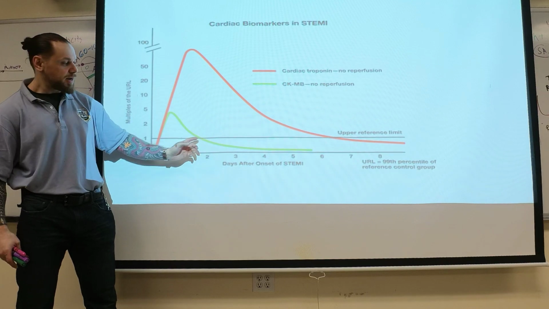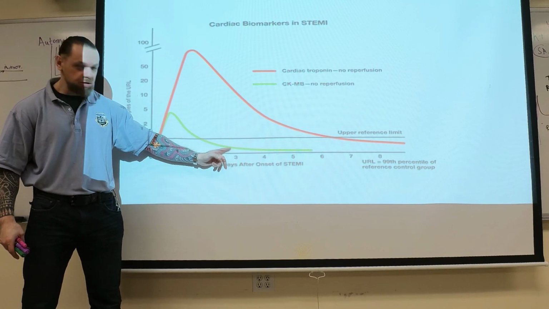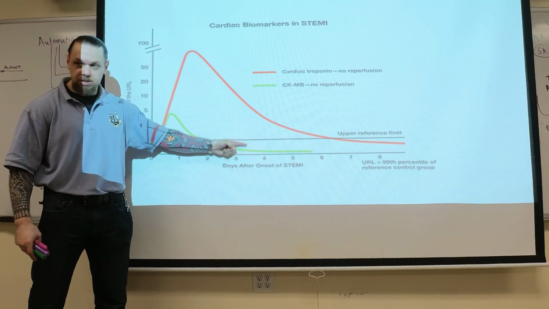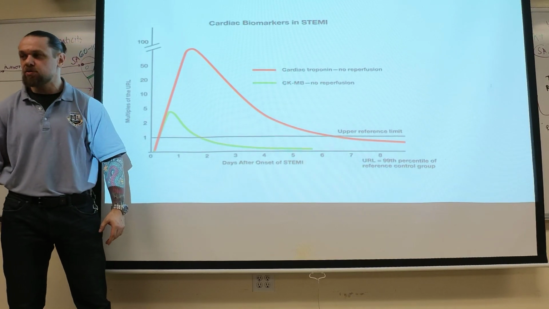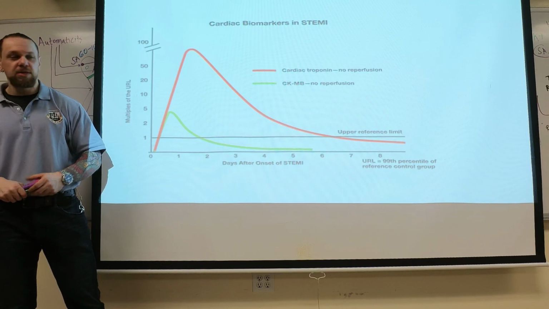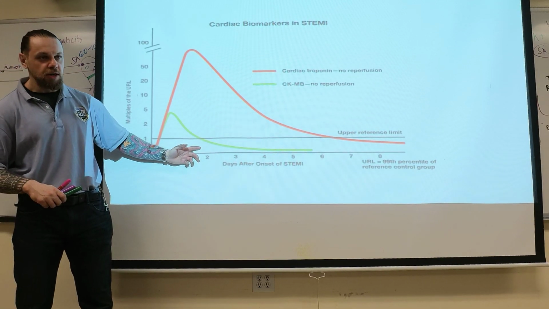This is the marker of reinfarction. On day 3, this should be very low or non-existent, but now it spikes. So now you know he's either having reinfarction or something is wrong with the stent. Any of you who do interfacility transfers may be involved in looking at that. So it's very good to know.